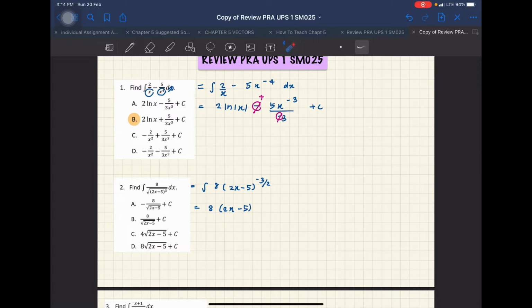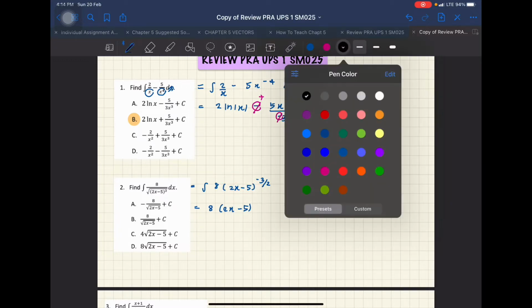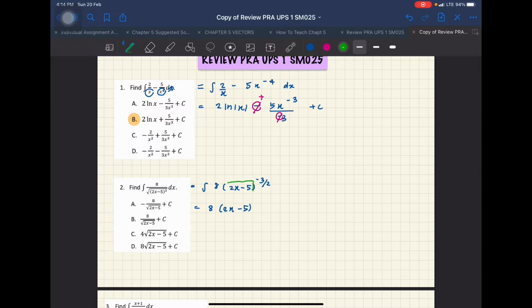Untuk soalan ini awak boleh guna this method sebab yang in bracket ni adalah linear. When it is linear, you can use this method, power rule. This must be linear. So negative 3 over 2 plus 1, negative 1 over 2, and then divide by your new power, negative 1 over 2.